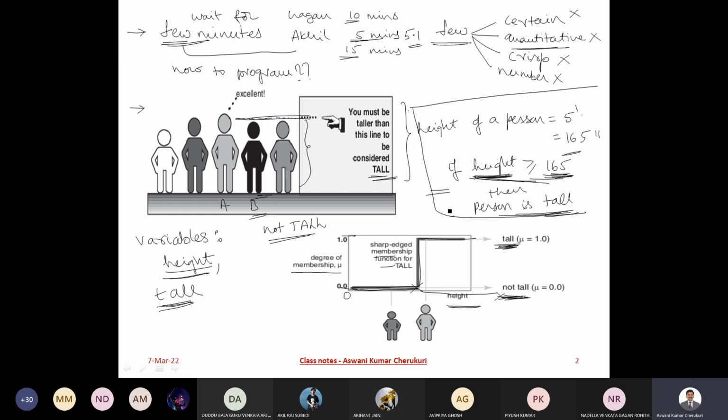In such a case, even your 5 feet may not be tall at all, right? So the point is that in practical applications, in various applications or in day-to-day life, we deal with or handle a lot of impreciseness. Okay.